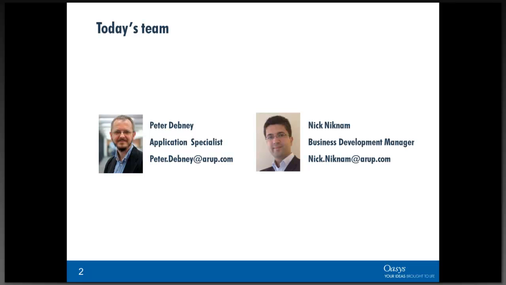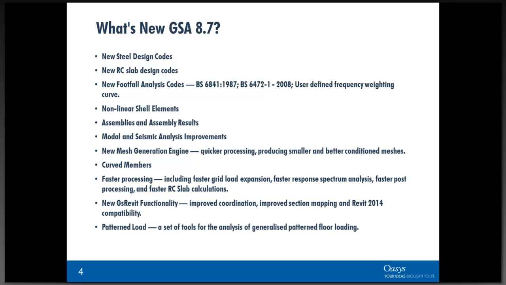As you may have noticed, we have recently released GSA 8.7, and there are a number of new features and improvements in the software, including new steel design codes and reinforced concrete slab design codes.